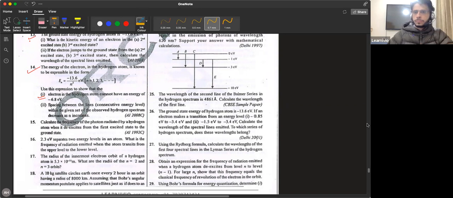Sakina, have you written the question? Writing, sir. Just write the first part. Don't write the second part. This we will do when we study spectral series. Just write the first part.